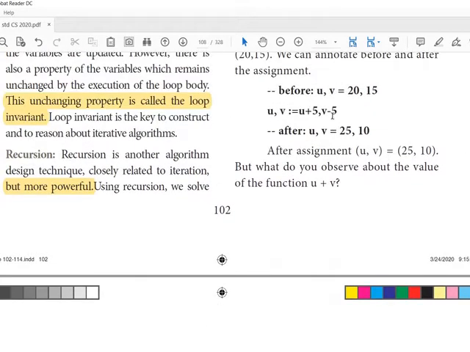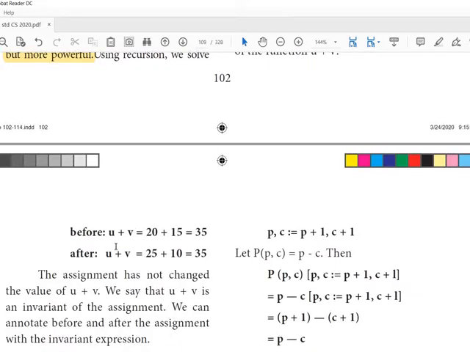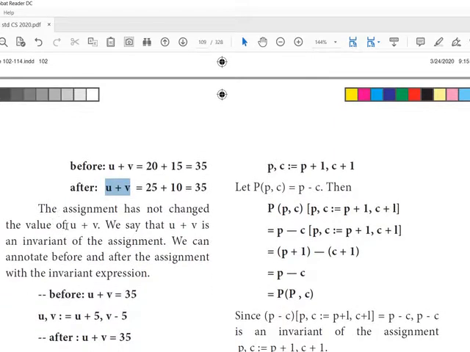Now there is a change: u plus 5 and v minus 5. The variable values are changed, but even though the values are changed, u plus v is again 25 plus 45, which is 70. So the assignment has not changed the value of u plus v. We say that u plus v is an invariant of the assignment.